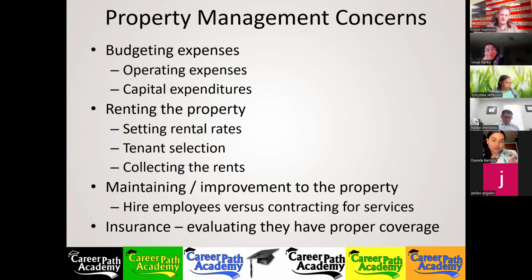Not too much of this coverage, not enough of this coverage. Now you're not expected to be an expert in insurance, but if you're working as a property manager, get an insurance expert to come in and sit down with them to evaluate this policy to make sure they're not underinsured or overinsured in certain areas. Okay?